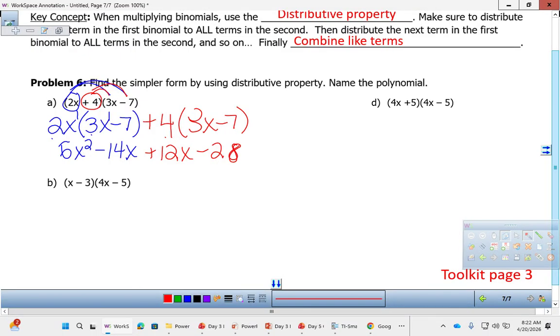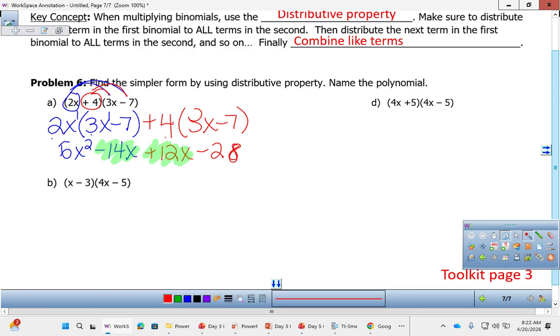So make sure to distribute the first term in the first binomial to all the terms in the second. That's what the blue stuff is. Make sure to distribute the next term to all the terms in the second. That's the red term. And then it says finally combine like terms. Do you see any like terms in this group of 4 numbers? What do you say? Negative 14x and all that. These are like terms, so I can combine them together.